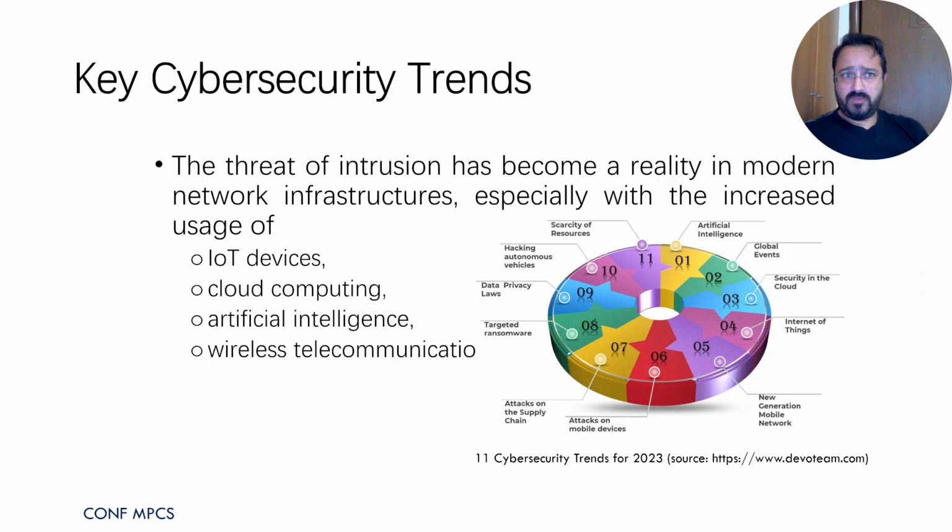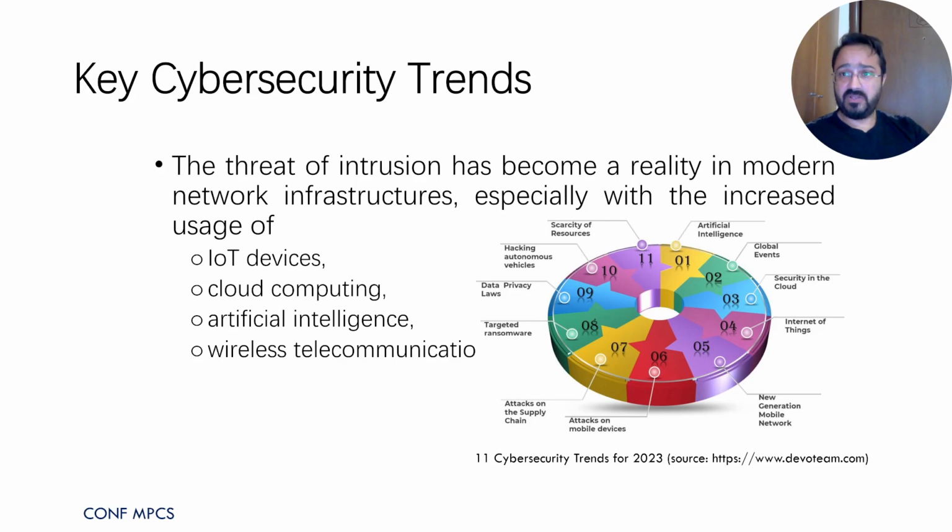So, what are the cybersecurity trends currently? Number one, as you can see from this image from devoteam.com, first of all is artificial intelligence. In every product in cybersecurity, they all mention artificial intelligence. Second is various global events happening around cybersecurity.